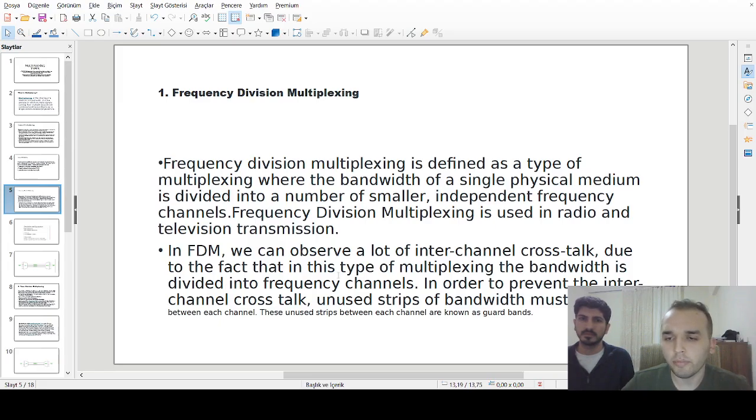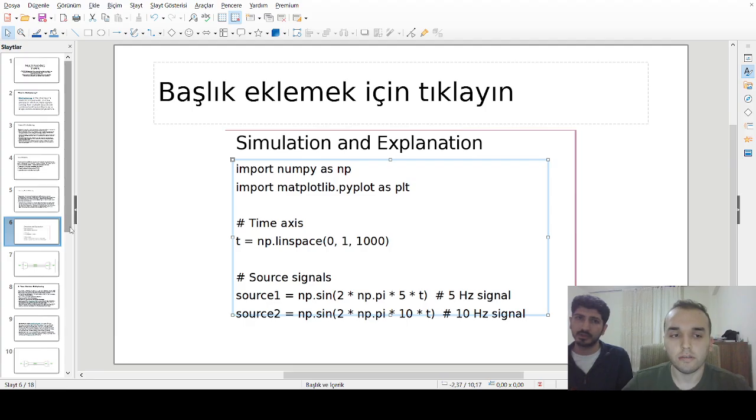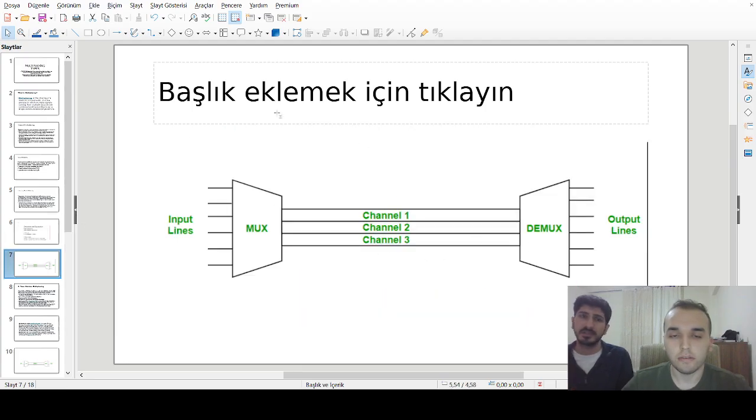In order to prevent the inter-channel crosstalk, unused strips of bandwidth must be placed between each channel. These unused strips between each channel are known as guard bands. And this is the representation.